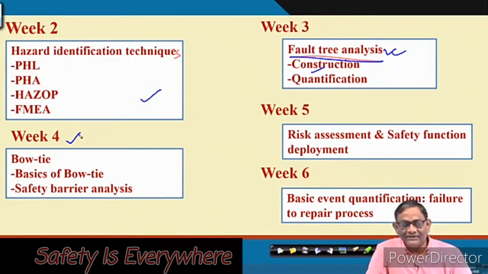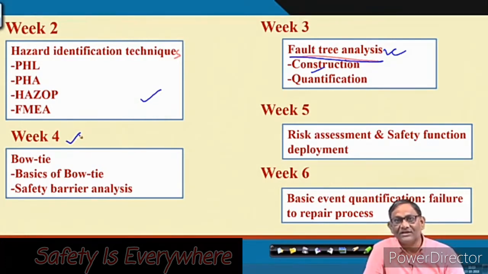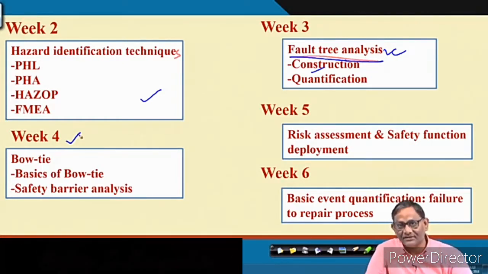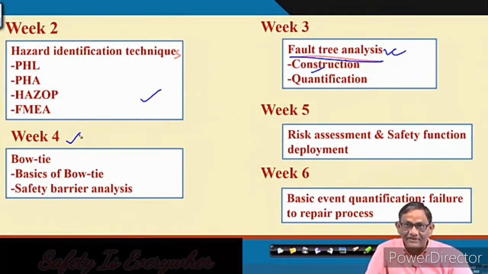So, my suggestion is that even if you are not confident enough about the quantification, you must do the construction. Constructing the fault tree is 70 to 80% of the work in fault tree analysis, and quantification helps you prioritize the action area.